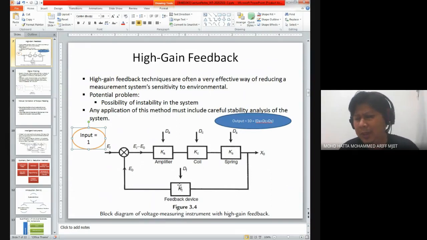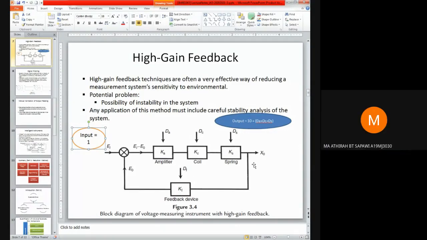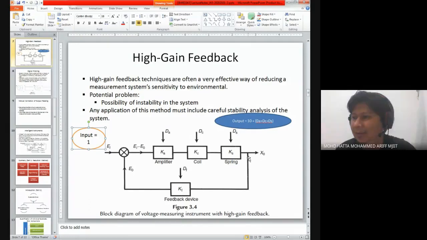In some cases, they try to find a feedback gain that is just enough for their application. The selection of the feedback gain must be carefully made because it will introduce a bigger problem in your system if you do not choose it wisely. Is it okay? Okay, now it's clear. All right.